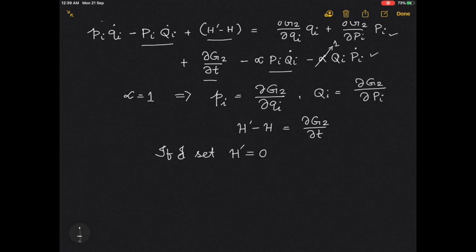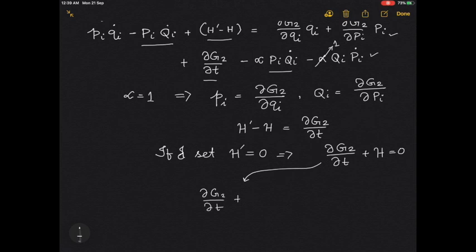Then when you take the partial derivative with respect to P and Q, that constant will not do anything. But let's say that I choose h prime equals 0, then I get this equation that del G2 del T plus H equals 0.